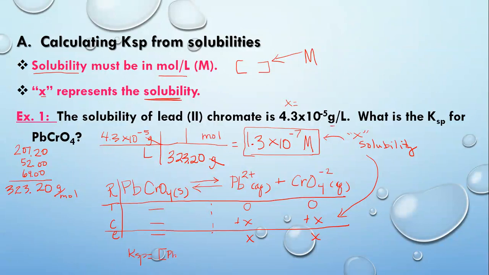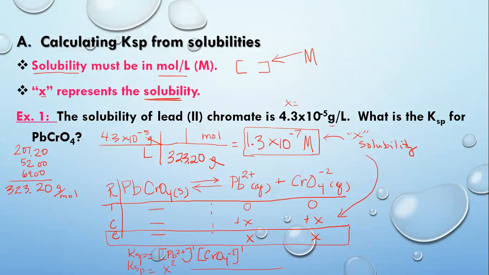It's going to be Pb2 plus to the first power, times CrO4 2 minus to the first power. If you substitute in these values in terms of X from your RICE table, that means Ksp is equal to X times X, which is X squared.